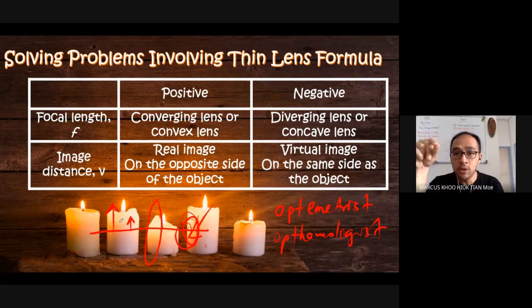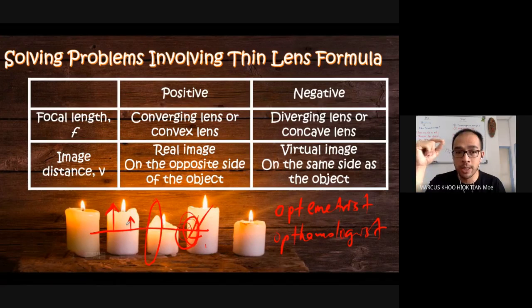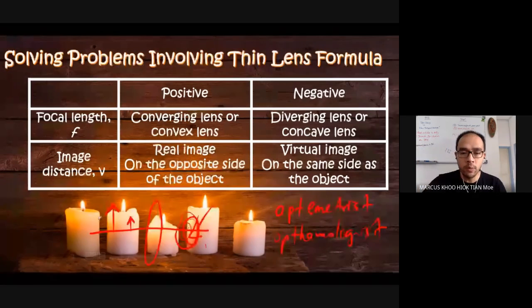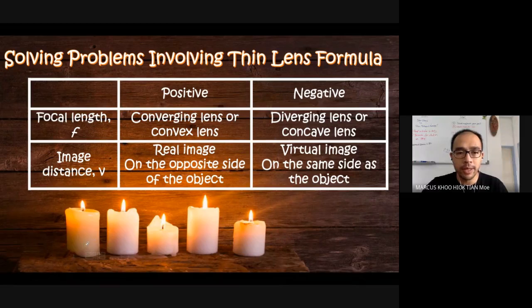So you definitely know that the V value has to be a negative value because it is on the same side as the object. It is a virtual image. Even when we're talking about this, remember this, the problem that many of you had.